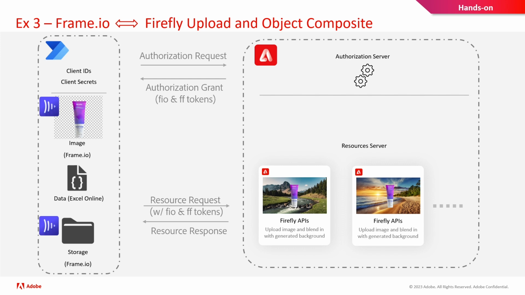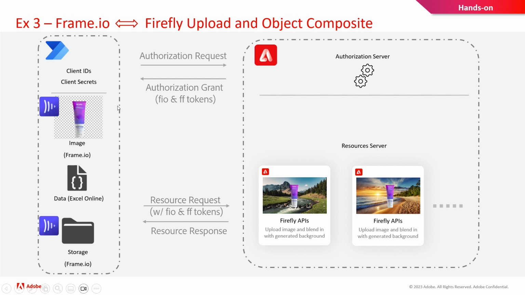So I hope you learned something of interest today. Now that we've got the version 3 Firefly APIs available, we are going to do one more exercise next time. Next time, we are going to expand this further, because apart from Firefly APIs, we have the Photoshop APIs and Lightroom APIs as well.